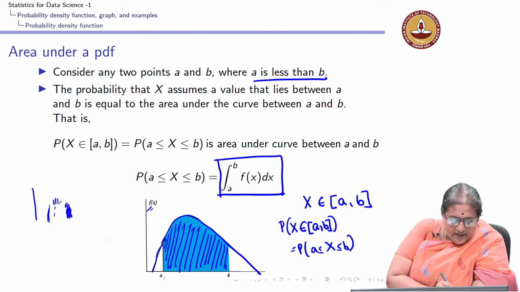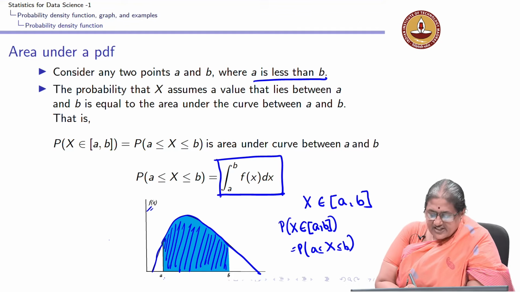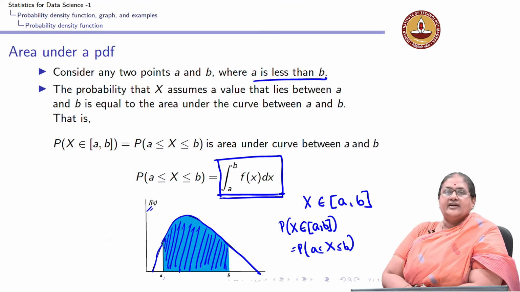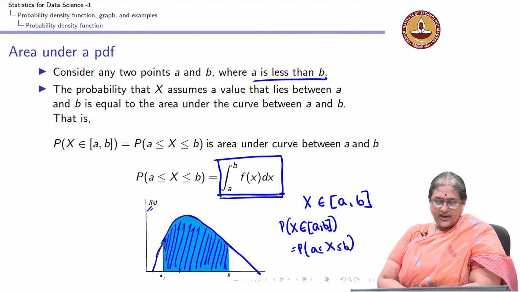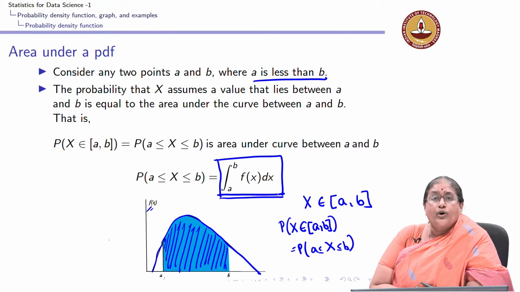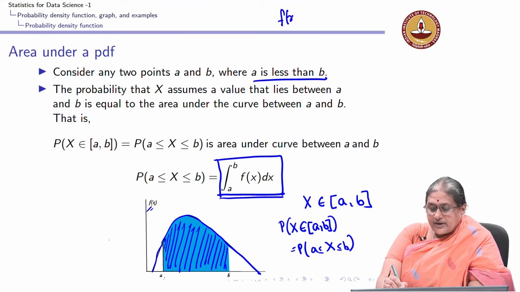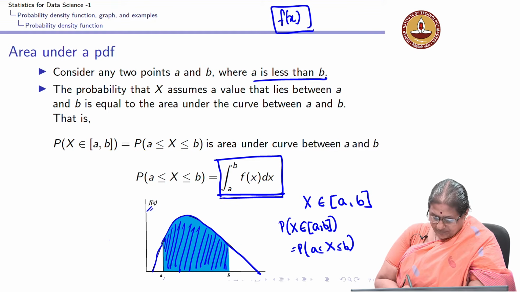Hence, the probability that x lies in an interval is the area under the curve, which is given by the integral. So, this f is what I refer to as a probability density function, which I represent by the lower case f(x).